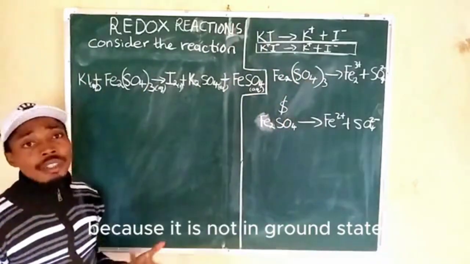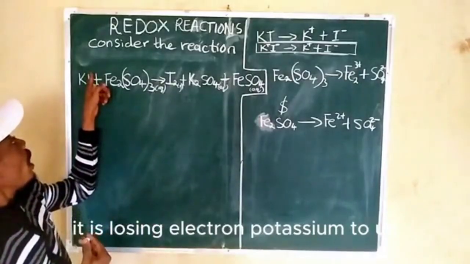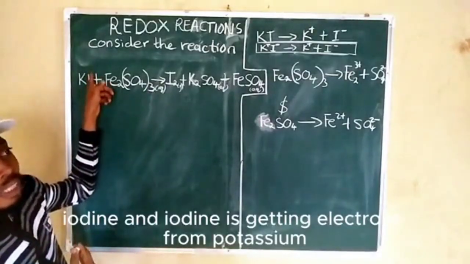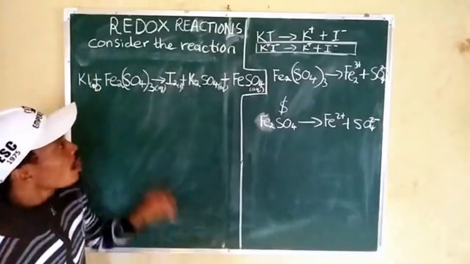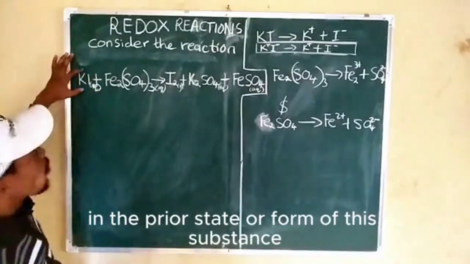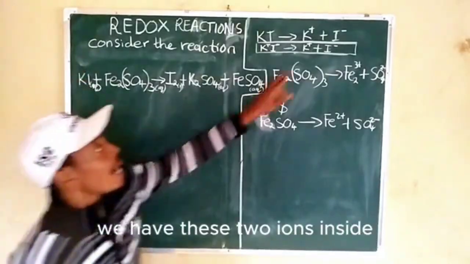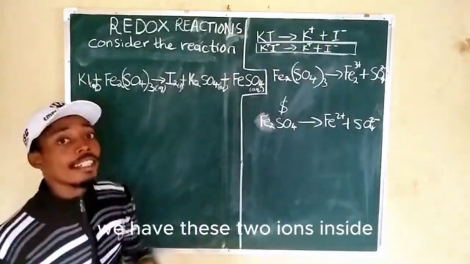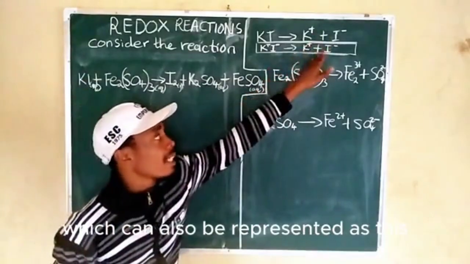Because it is not in ground state, potassium is losing electrons to iodine, and iodine is getting electrons from potassium. It is important to understand that in the aqueous form of this substance, we have these two ions inside, which can also be represented as this.